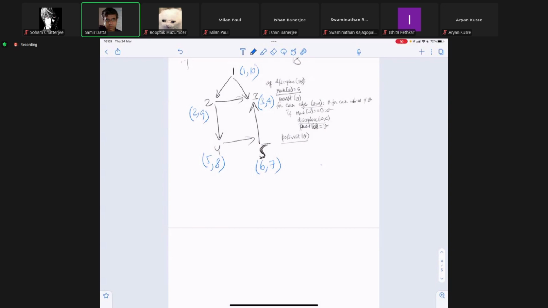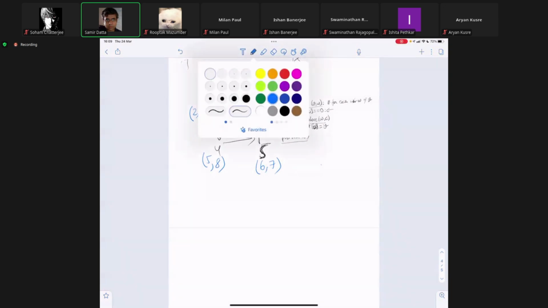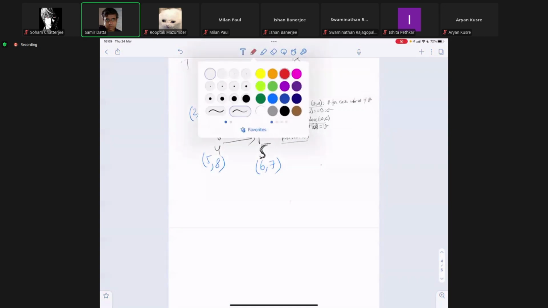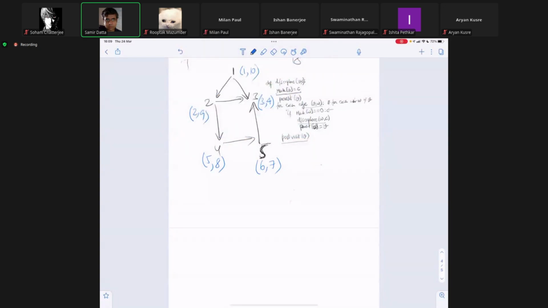Now, what is the thing? Now are there cross edges? First, tell me that. Anyone? So let me mark the 3, 4.